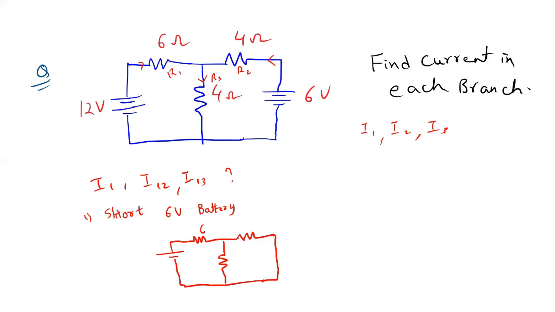So please remember how to see the things. So this is like 12, 6, 4, 4. These two 4 ohms are in parallel, then it is in series with the 6 ohm. So what is the current value?